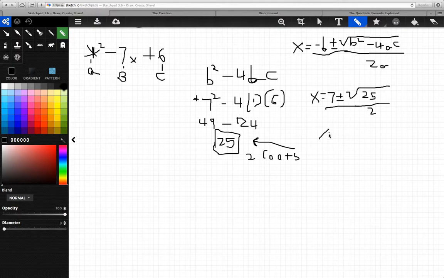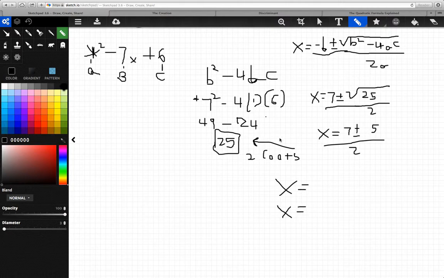So I'm just going to simplify things a little more. 7 plus or minus 5, divided by 2. Alright, so you're going to get 2 answers for x, so I'm just going to draw 2 x's here.